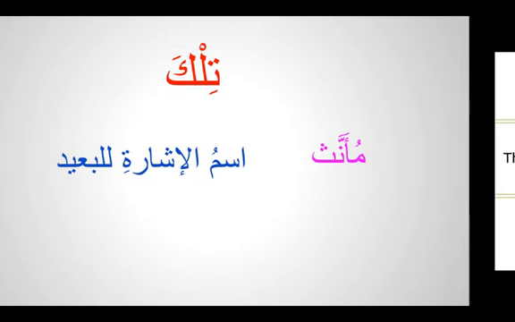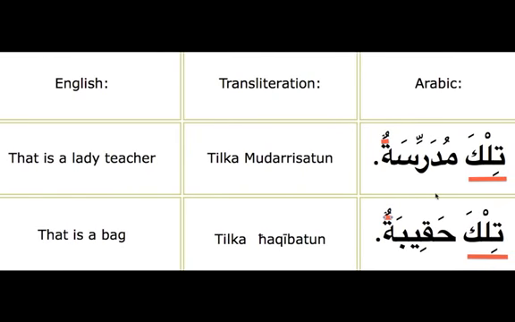So let's do some examples, inshallah. So we got Tilka Mudarrisatun, that is a teacher. Mudarrisatun, so ta marbuta is feminine. So we got mubtada. This same thing will come as a mubtada. Tilka, like hada, hadihi, dhalika. Tilka will be mubtada, and mudarrisatun, an indefinite noun, will be khabar, and you can see ta marbuta.